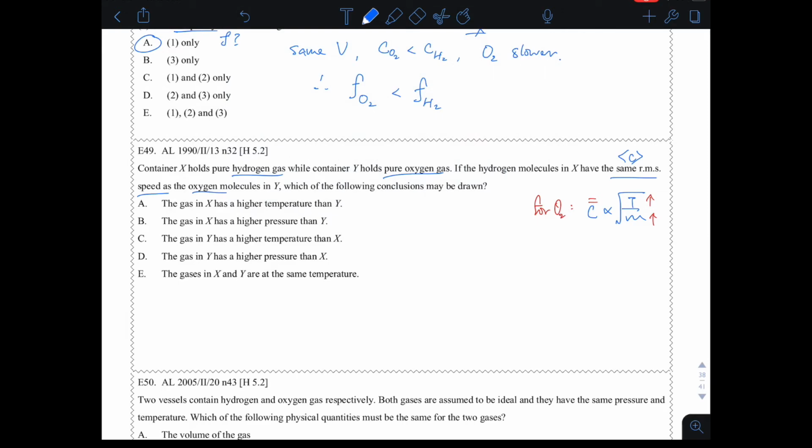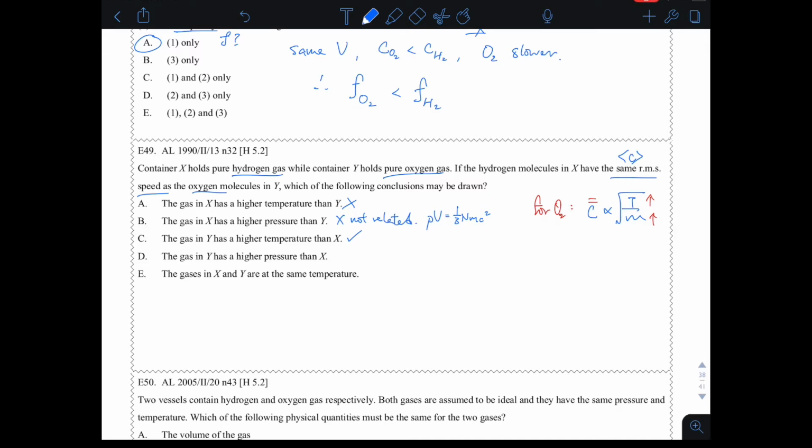Then with this, we try to choose our statement. The gas X, which is hydrogen, higher temperature? No, it should be gas Y got a higher temperature. Gas X is at higher pressure? In fact, this is not related to what we are talking about, because if we talk about pressure, then we have to use PV equals 1/3 nmc squared.